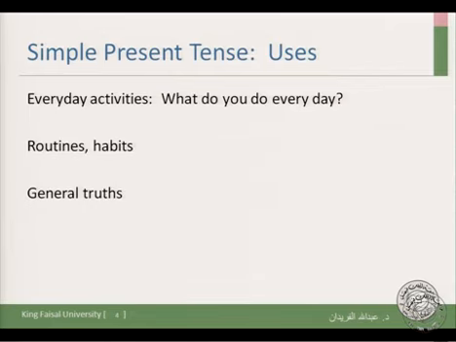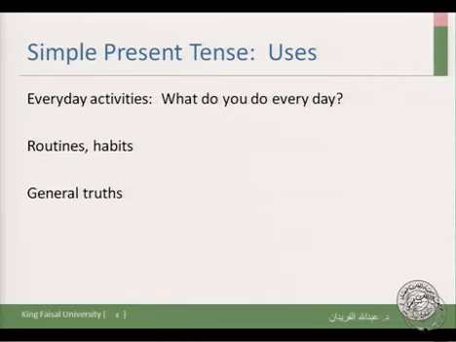So when do we use the simple present? Very important. When you write or when you want to speak, how or what do I use? You use the simple present or the present simple when you want to talk, as I said, about everyday activities, things that you do every day, routines, habits, general truths.